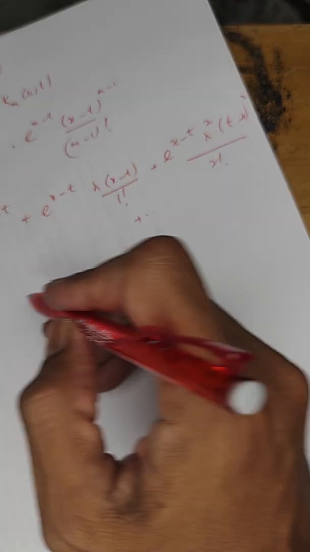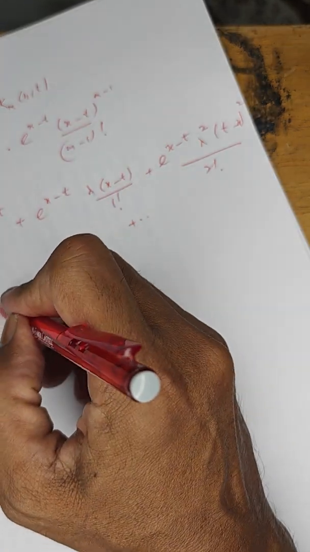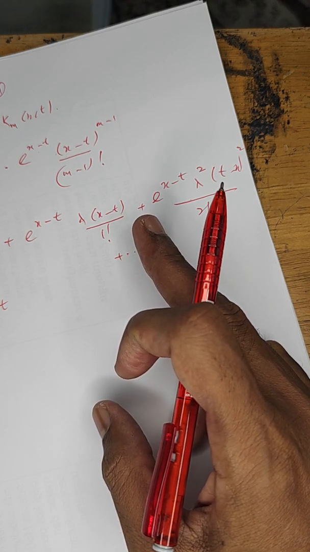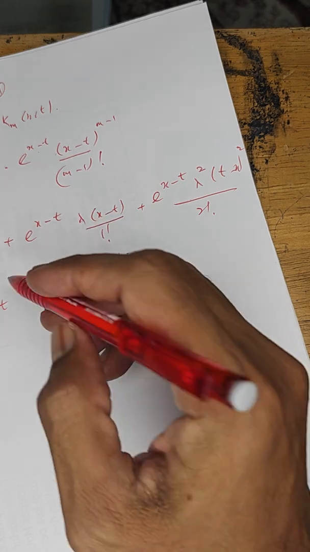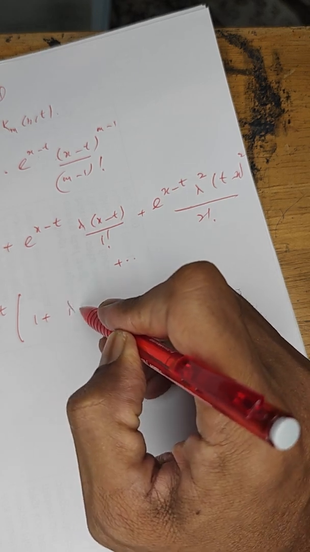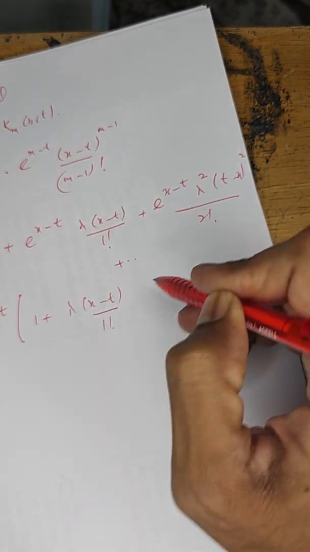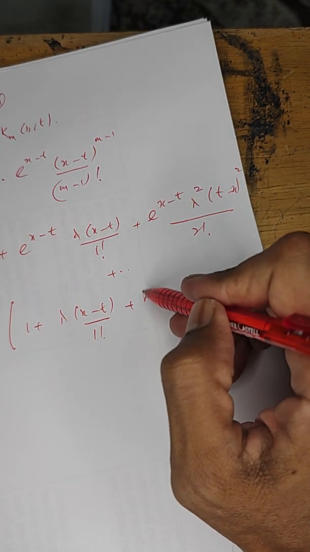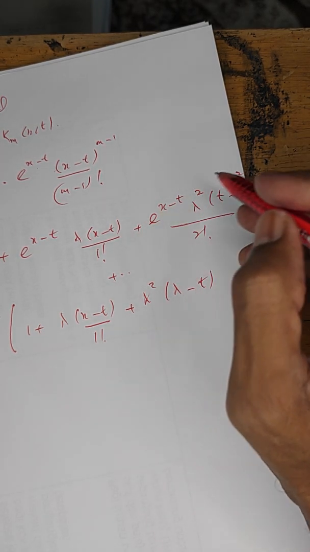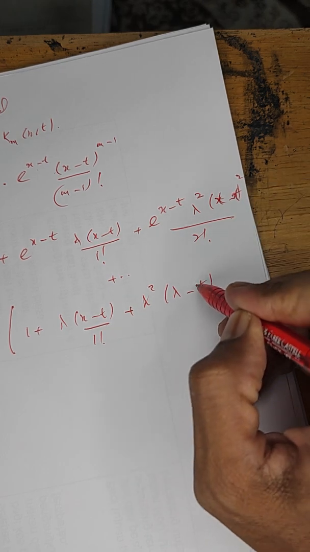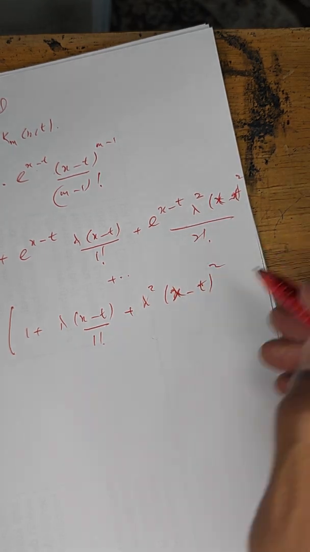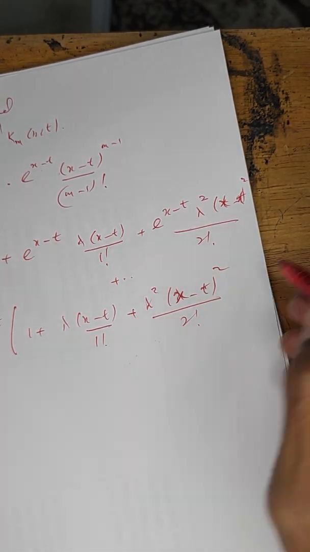So if we can simplify this, this is e^(x minus t), and from this we have, you can factor out this: 1 plus lambda (x minus t) over 1 factorial, plus lambda squared (x minus t) squared over 2 factorial, and so on.